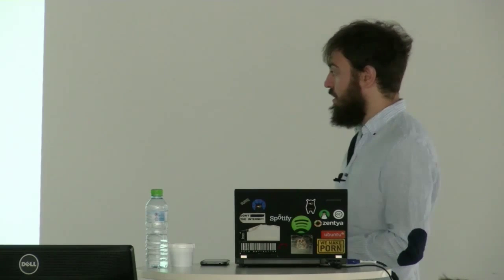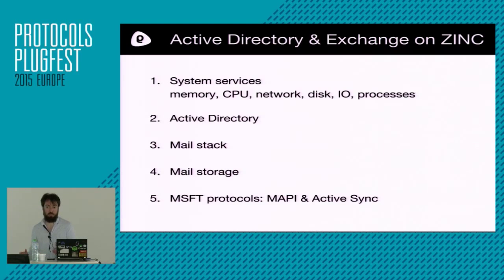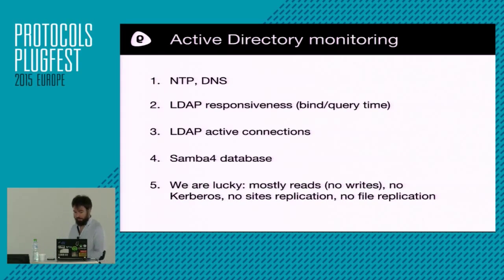And at the end, the Microsoft protocols part, a very specific, unique feature of Sential Cloud, transforming all the traditional mail stack into MAPI for Outlook and ActiveSync for mobile devices. So those would be the 5 areas that we will be monitoring today.